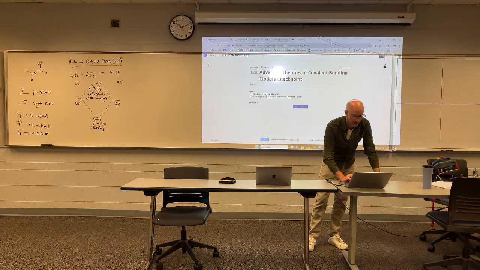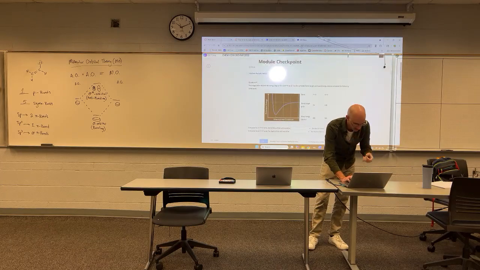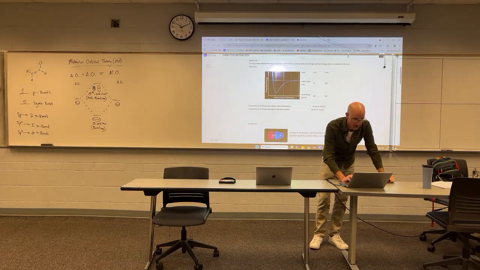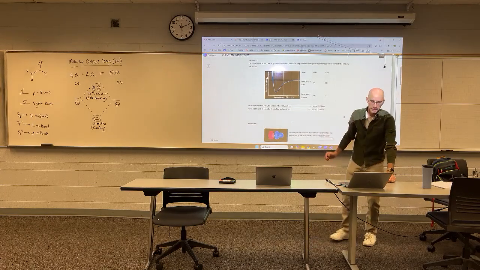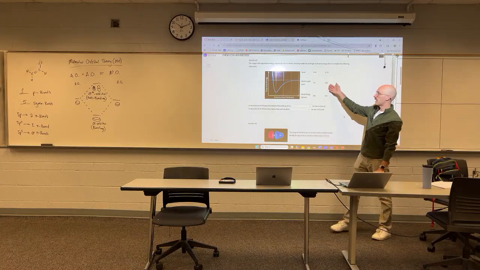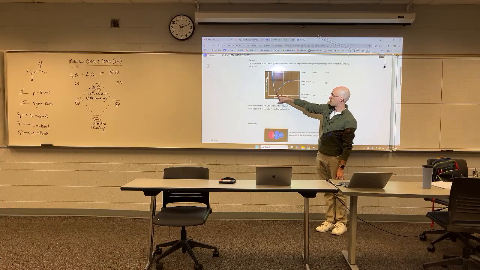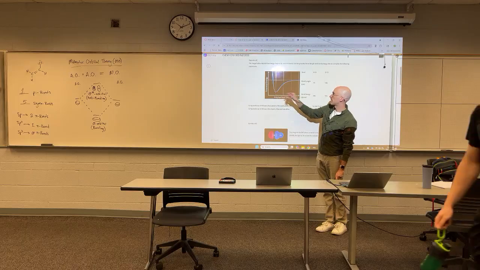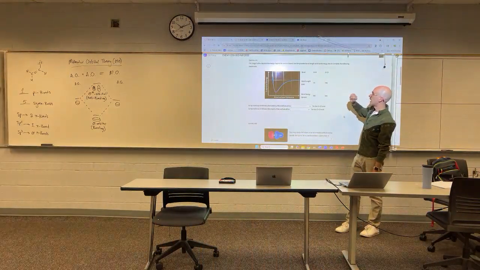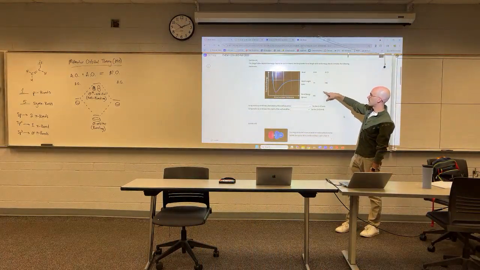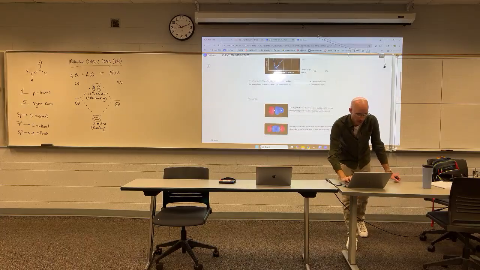All right, so let's see what they give us in here. Here's an energy diagram. This is simply saying why atoms bond together. Their electrons get lower in energy. And we're looking at different bond lengths, different energies associated, not MO.